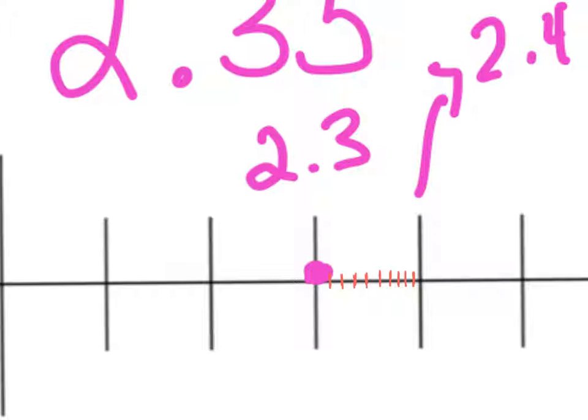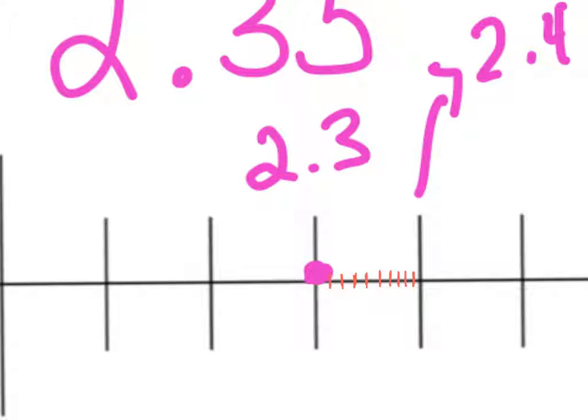Look at that. Really tiny. And we see that it's going to basically be that halfway point, right? That halfway point between 2 and 3 tenths and 2 and 4 tenths, because it's halfway. That has that 35, has that 5 in it.